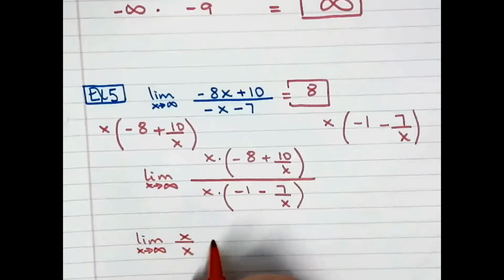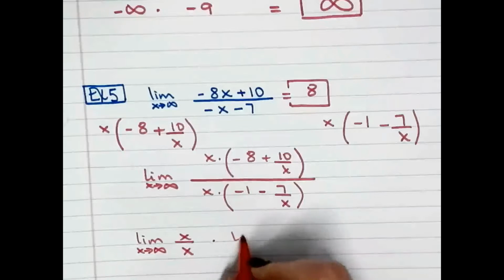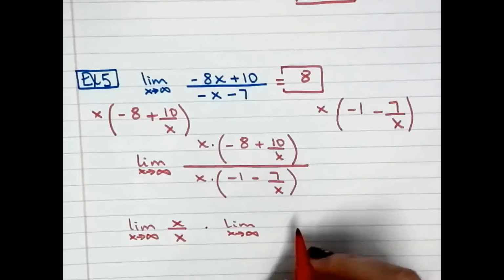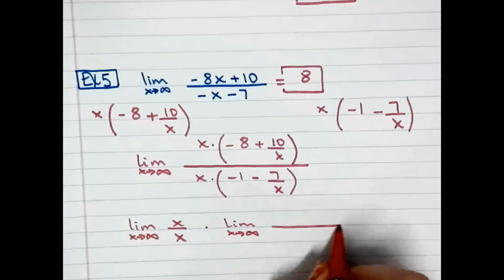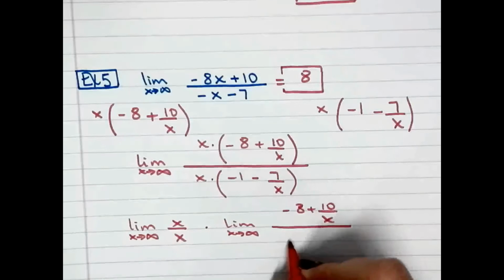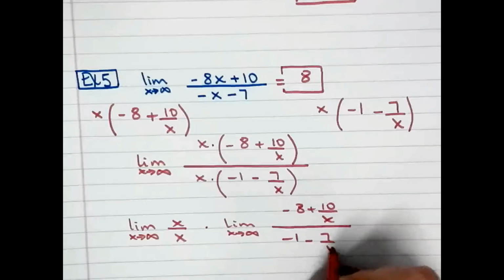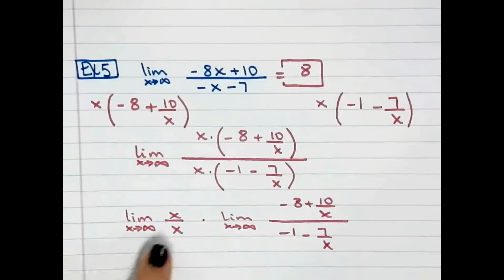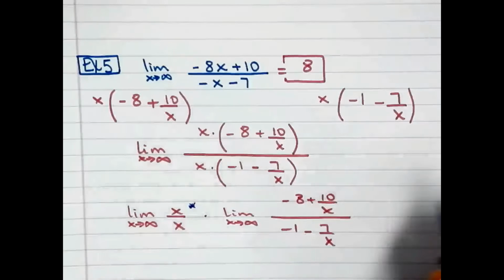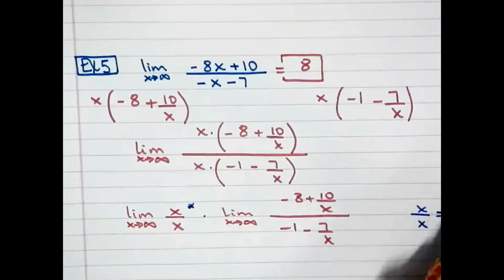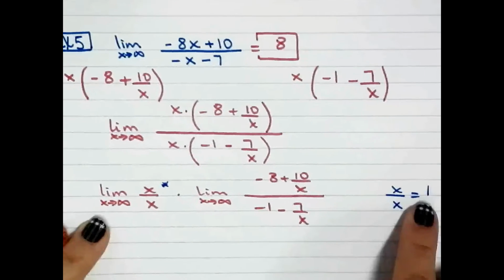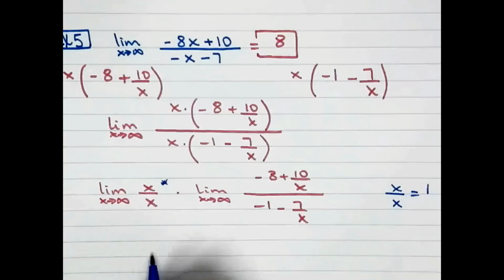So x over x, and then I multiply by the limit as x approaches infinity of negative 8 plus 10 over x, over negative 1 minus 7 over x. Okay, I know I can simplify this. So x divided by x is 1, and I know the limit of a constant is the constant, so here I have 1.